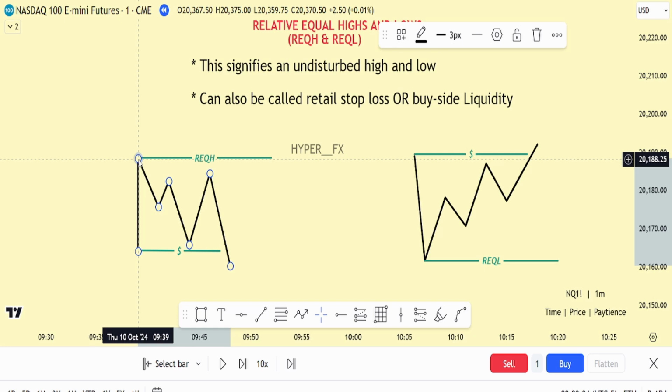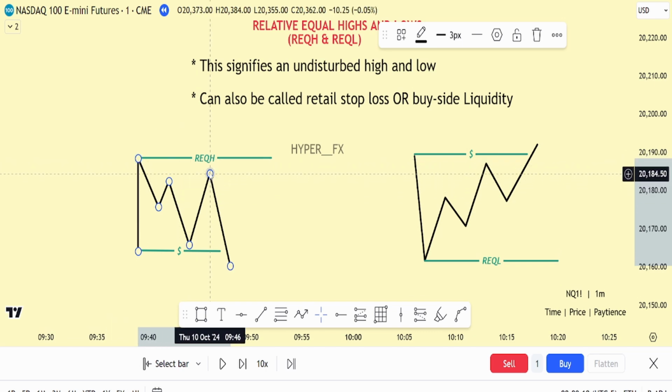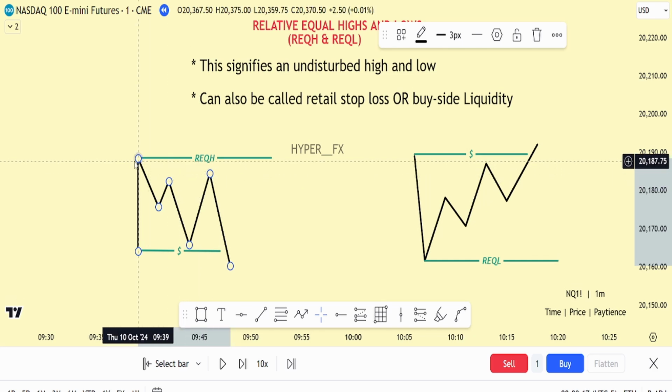Yes, this is still a relative equal high. Why? Even though this high is higher than this one, it is still lower than the high that formed this range.